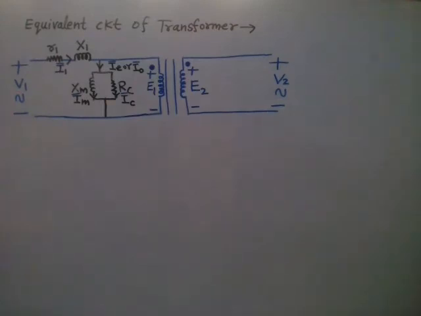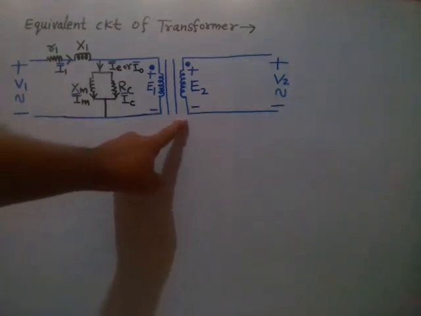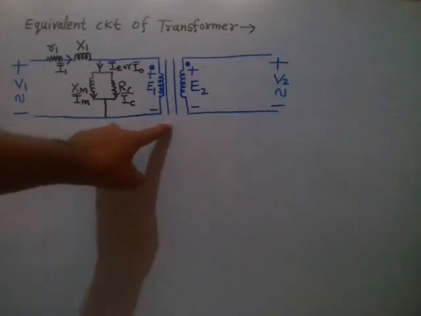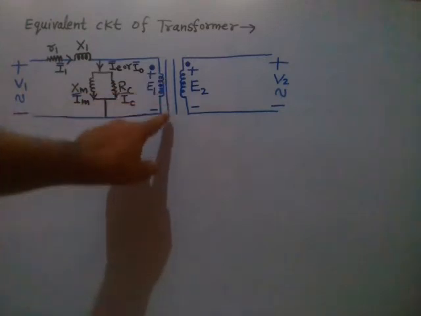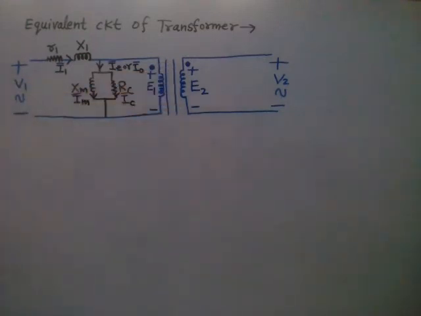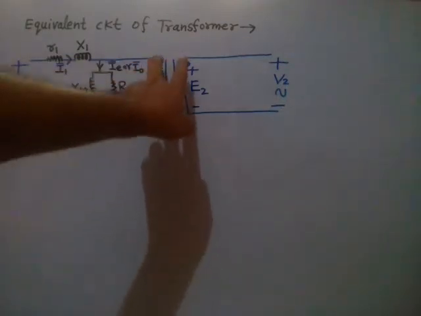Had it been an air cooled transformer, you should not draw these two parallel lines. But since it is an iron core transformer, it is a must to draw these two parallel lines. That is the convention. That's how we represent the iron core.